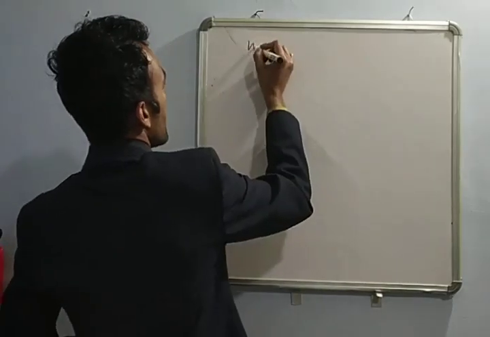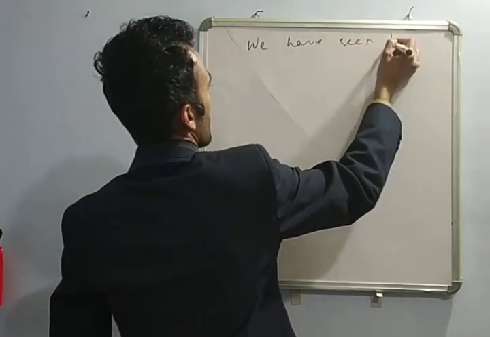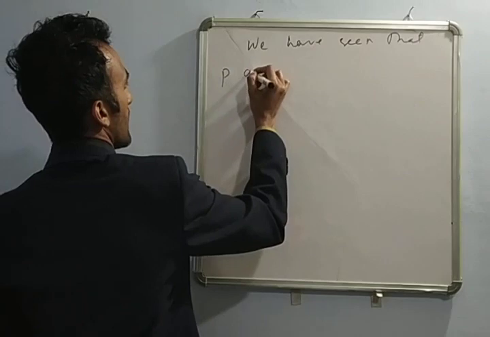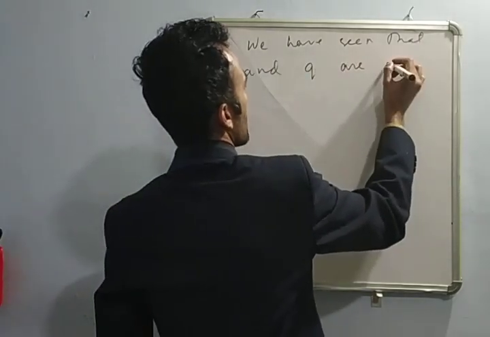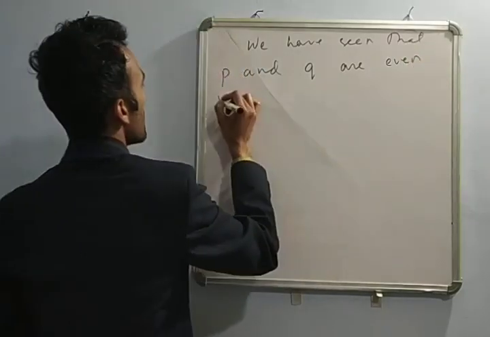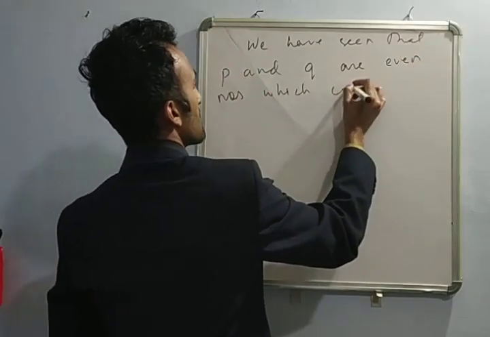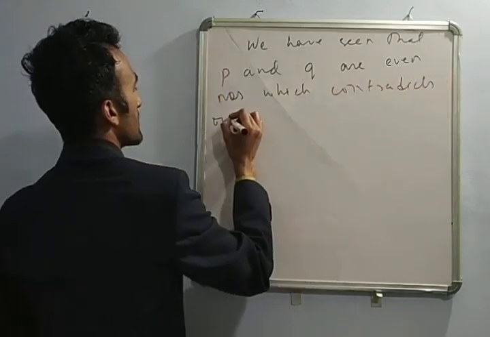Okay, we have seen that P and Q are even numbers, which contradicts our assumption.